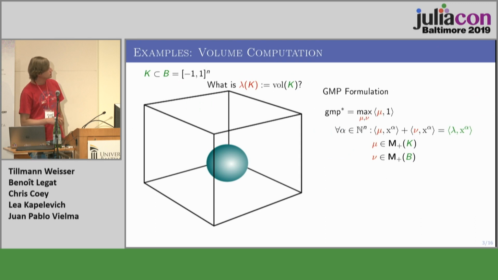And my measure mu should be supported only in my set K, which here is the ball of radius 1, and nu is supported everywhere. So it's a slack variable. It takes the rest of the mass.